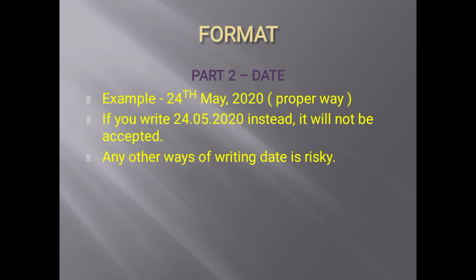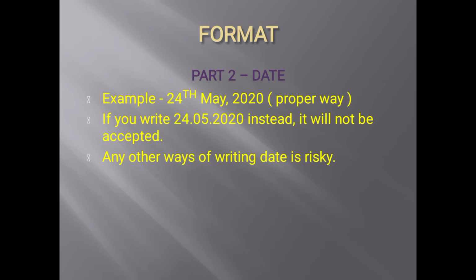Now, the second part of the format where you are going to get half a mark if you write the date properly. Just check that. There is a proper way of writing the date, that is 24th May 2020. There should be TH. Actually, this is also accepted.